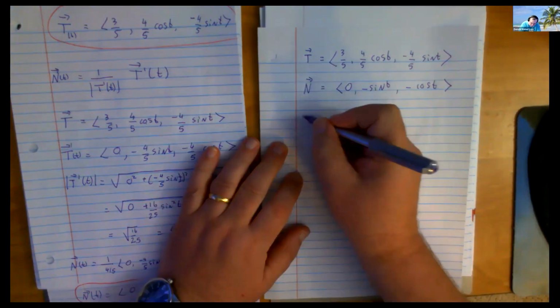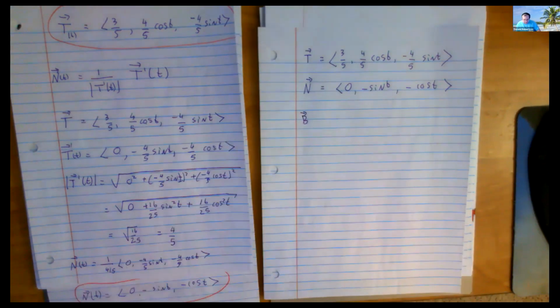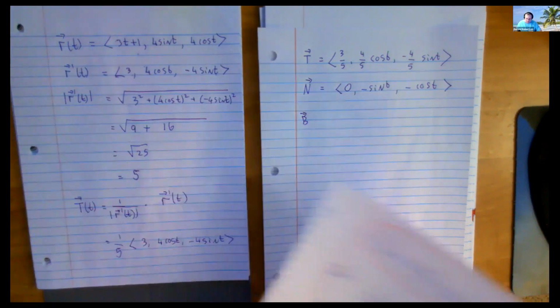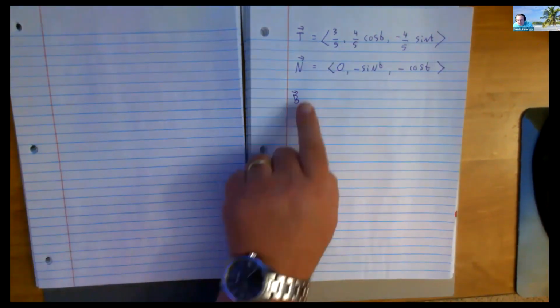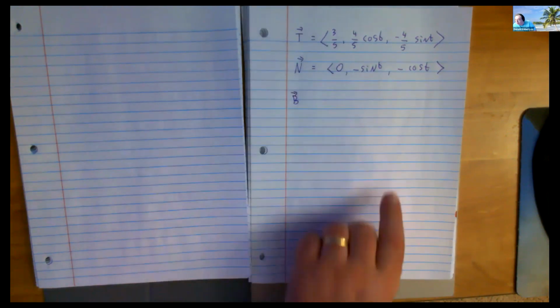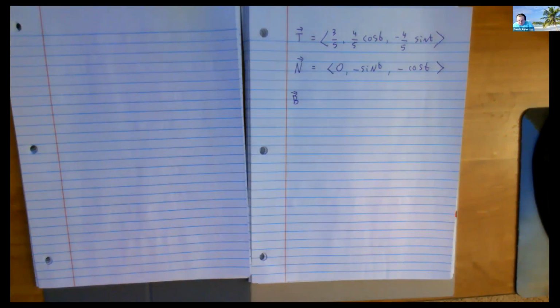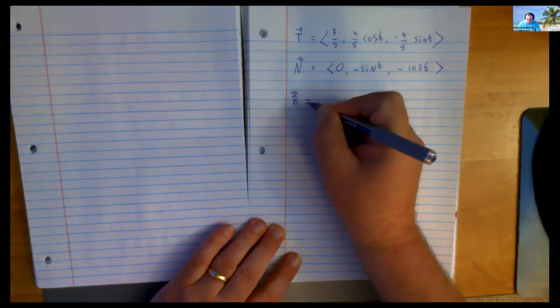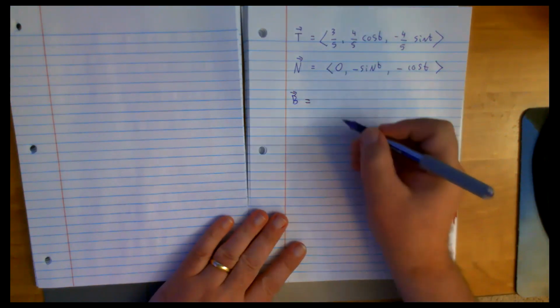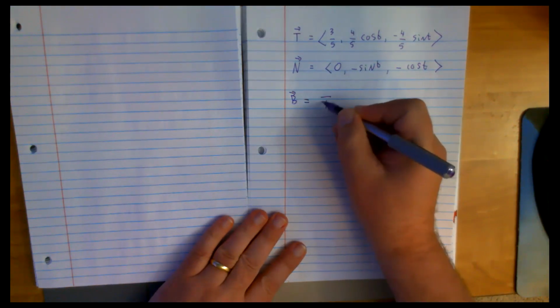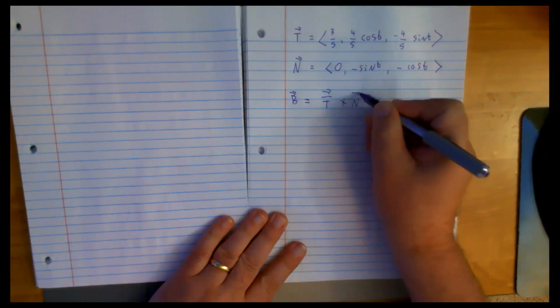Now I'm going to get the last one in the set, the unit binormal. Can you remember how to calculate it? You don't need to go through that same process one more time, although technically it would work. Let's do it the usual way. Anybody remember how to calculate it? Cross product. Cross product of unit tangent and unit normal.